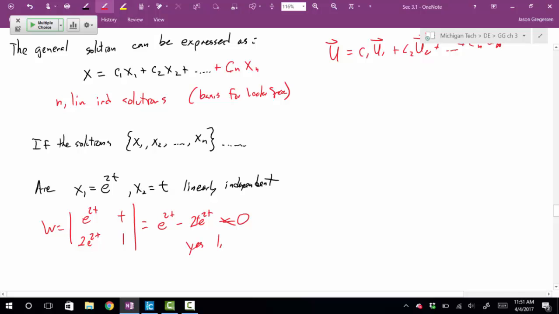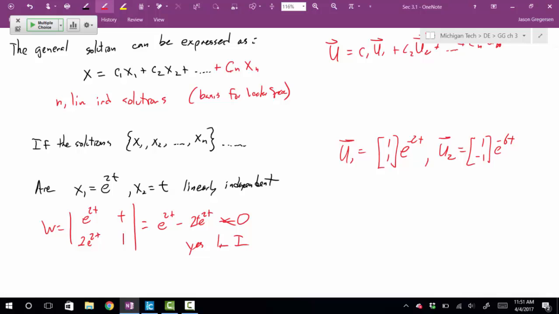So yes, linearly independent. Now over here I have u1, which is equal to (1, 1) e to the negative 2t. I have u2, which is equal to (1, negative 1) e to the negative 6t. Are those two vector functions linearly independent?